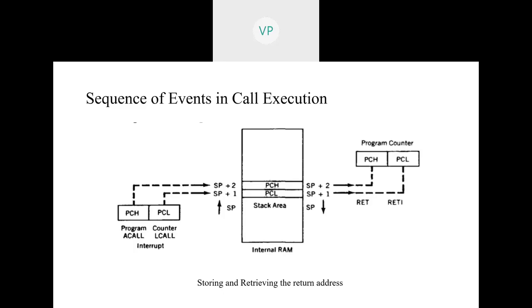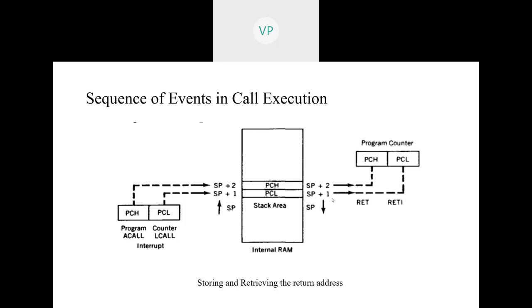Now it will do the pop operation, right? It will get the address which is stored onto the stack pointer here. As you can see how the pop operation is performed, it will read the content from the top of the stack, and we know that this content is for the higher order byte of the program counter. After reading that content, it will decrement the stack pointer by 1, so that it is pointing to SP plus 1 now.